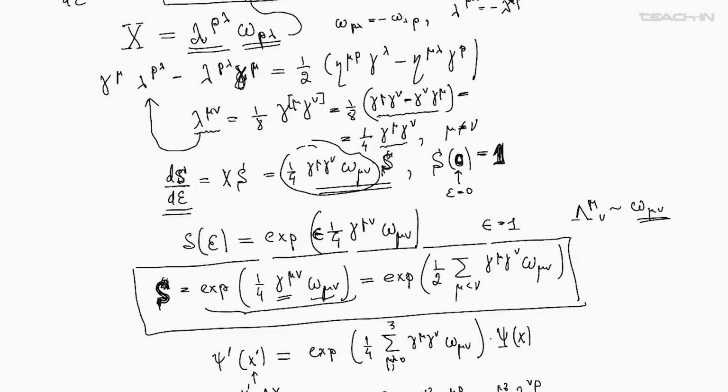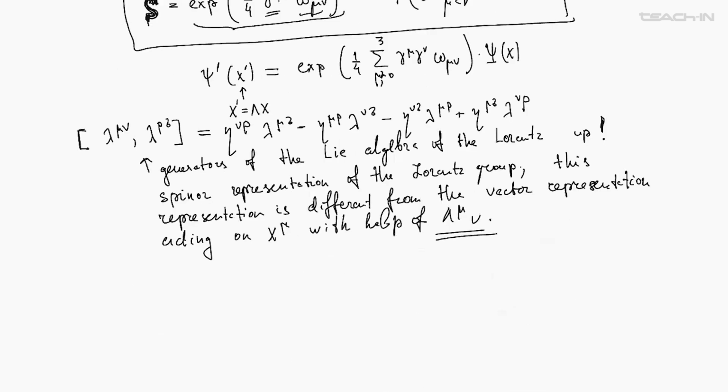So with this matrix, psi prime of x prime, so the wave function in the new Lorentz frame, is obtained from the wave function in the old Lorentz frame by means of this transformation, matrix S, acting on the old spinor, or spinor in the original Lorentz frame.